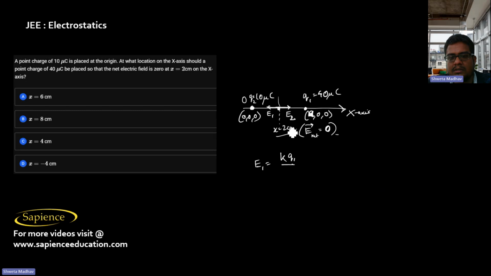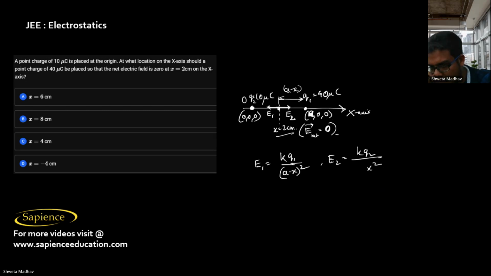E1 is equal to KQ1 by R square, where this length will be A minus X, so A minus X whole square, and E2 is equal to KQ2 by X square, where K is equal to 1 by 4 pi epsilon.